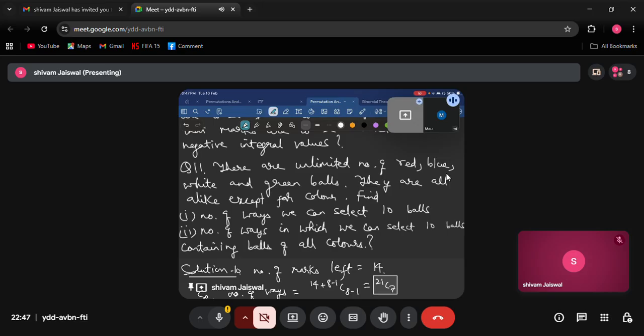Not for selection, isn't it? Yes, sir. The number of ways to distribute n coins to p beggars will be equal to n plus p minus 1 C p minus 1, or the number of non-negative integer solutions is equal to n plus p minus 1 C p minus 1.